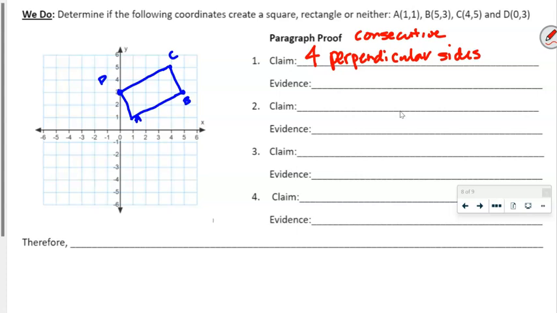So let's look at A, B. So this one is rising, right? So that's going up 1, 2, and over 1, 2, 3, 4, right? So the slope of AB is equal to, let's check this one, 1, 2, again, see that? And 1, 2, 3, 4.